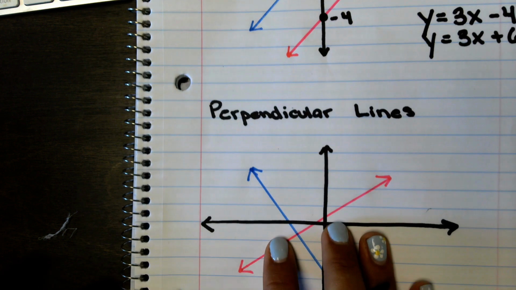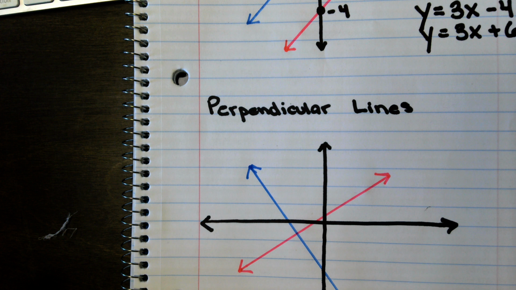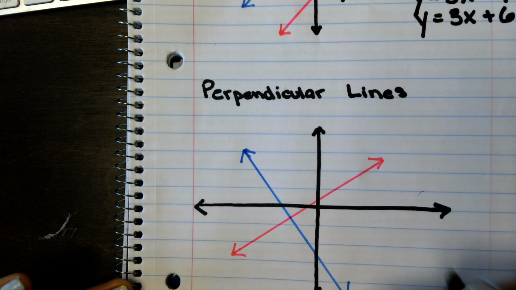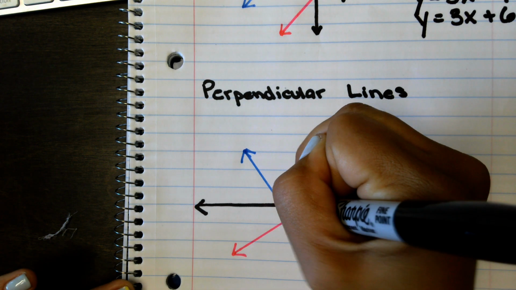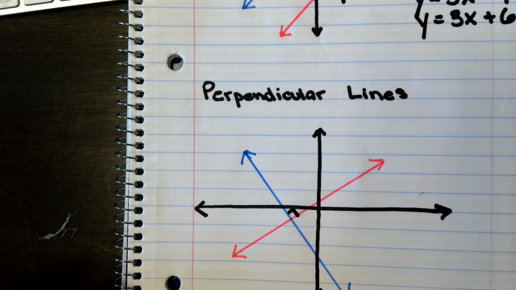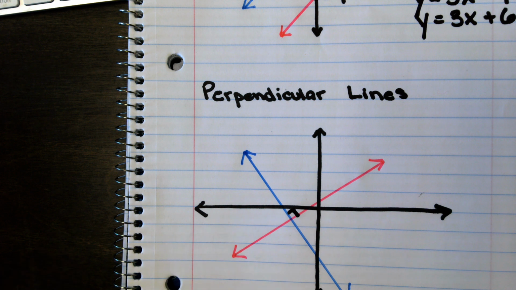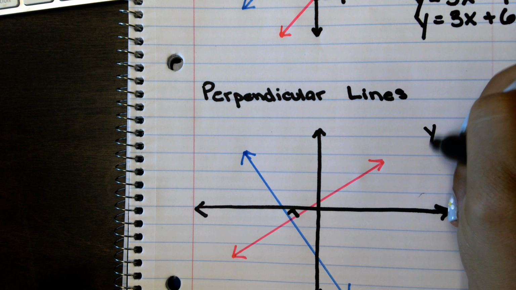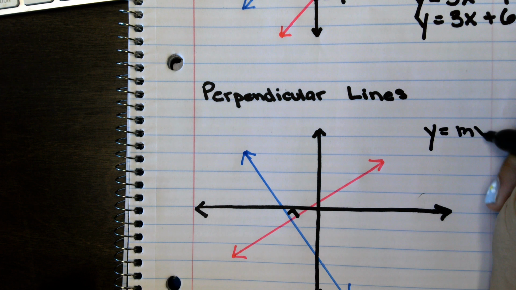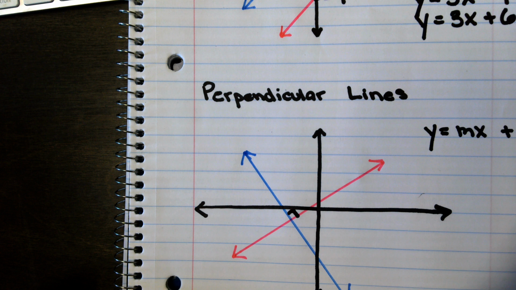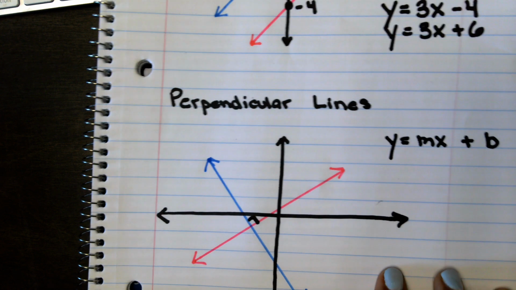Perpendicular lines, first of all, are lines that intersect at a 90-degree angle. And in order for them to intersect at a 90-degree angle, there's something very special about their slopes. Again, these are lines, so we know they're in y equals mx plus b, or slope-intercept form.